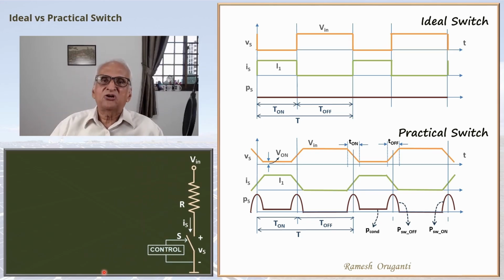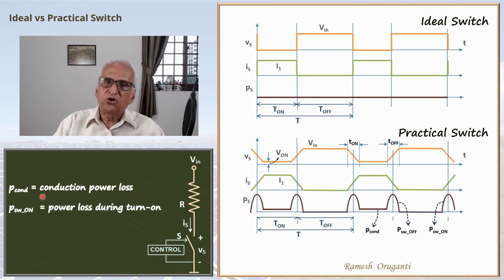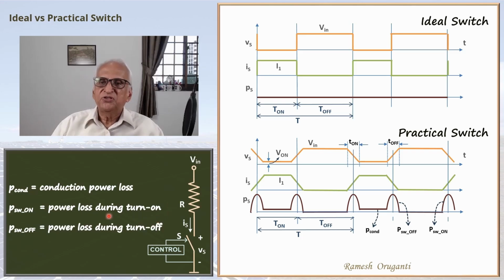So you have three losses you can identify: peak conduction power loss, power loss during turn on, and power loss during turn off. Turn on and turn off put together will contribute to the switching power loss. So you can see that the switching action of a practical switch and an ideal switch are going to be different. And the consequences for the power converter operation are also going to be different.